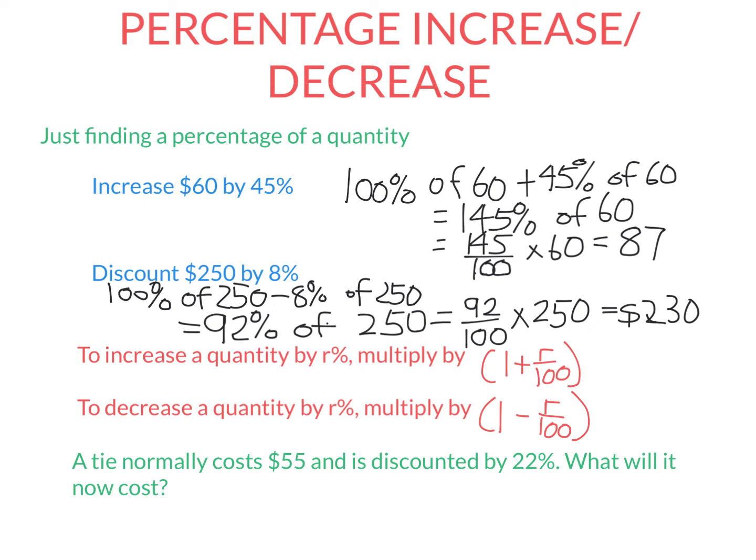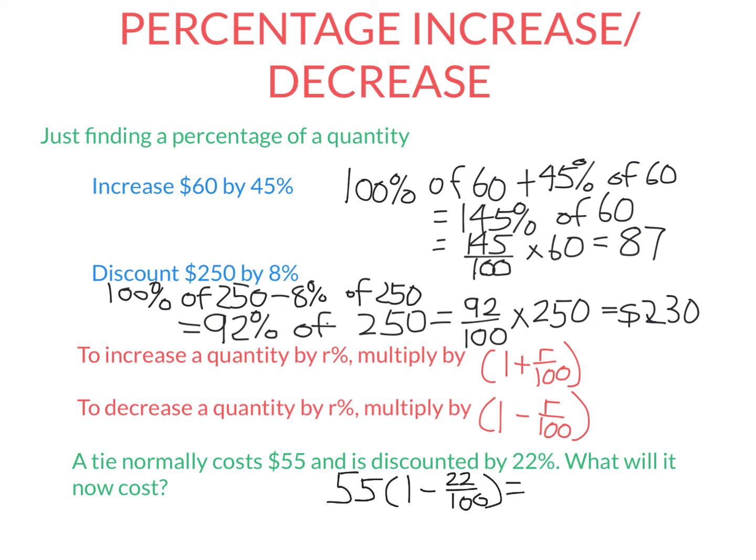So let's use this quick way in this question. A tie normally costs $55, discounted by 22%. What will it now cost? So what we do is we take the amount, so 55, and then here I'm going to times it by 1. Now, because I'm discounting, I'm decreasing, it's a minus, and the percentage is written over 100.